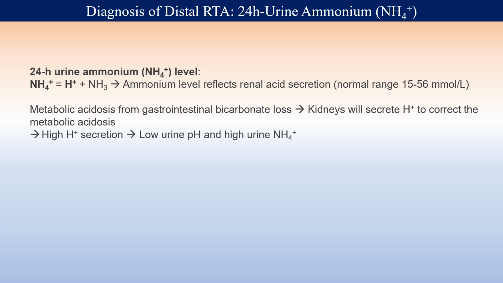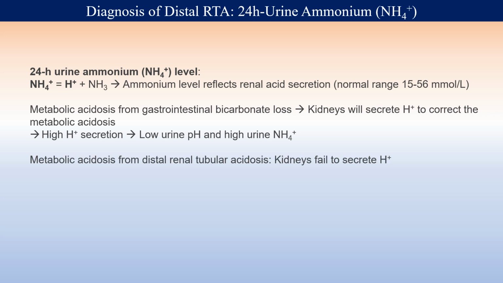On the other hand, in patients with distal RTA, where collecting ducts fail to secrete hydrogen, the urine pH will be high and urine ammonium level will be low.